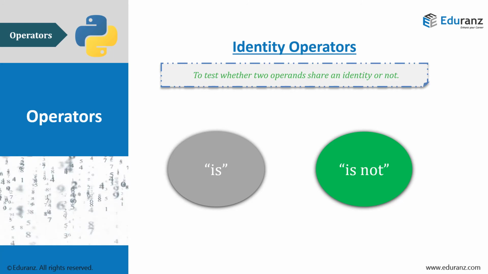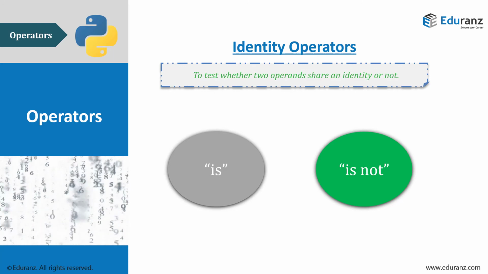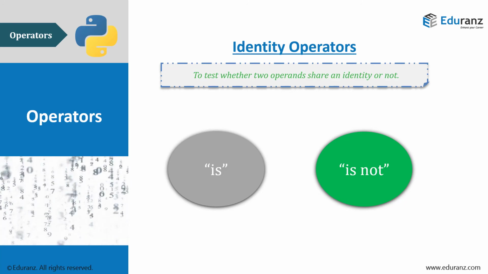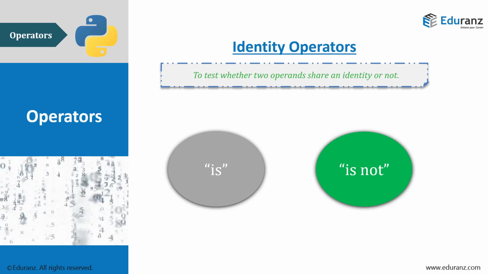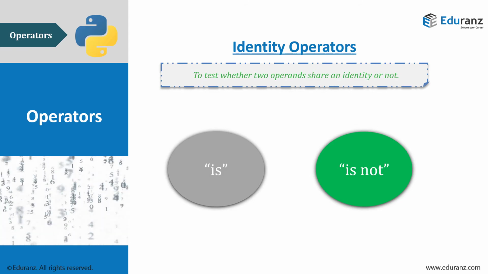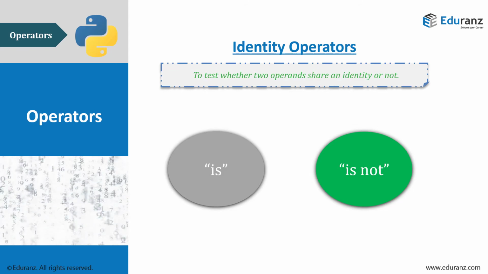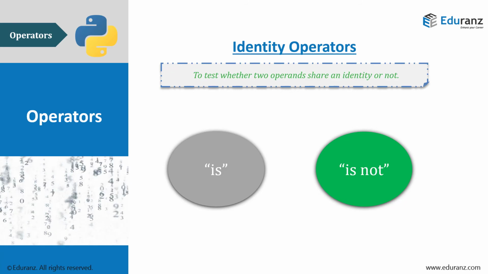Let's say I have an integer 20, right? But it is not the same as 21, right? So it will return false for you. Also, if you take a string 20 and another string 20, right? Then of course they will be the same. Then of course it will return true for you, right?